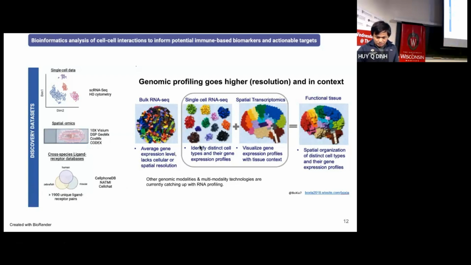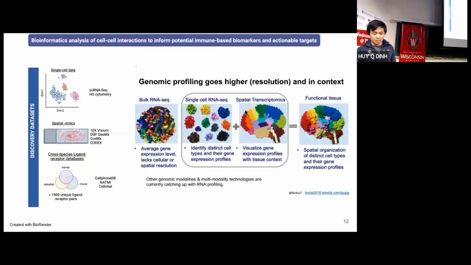This is an analogy that I like a lot. This is how bulk RNA-seq looks, right? It's like Lego, and you can see all of the pieces mixed together. That is what you have with the TCGA data, so the heterogeneity within the data is very underappreciated. Single cell is here, right? That gives you the different cell types and how abundant they are, along with their expression.